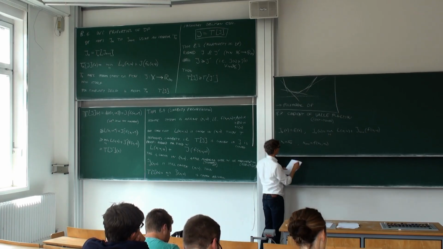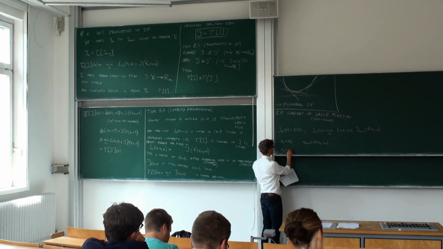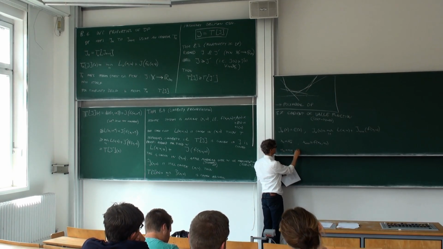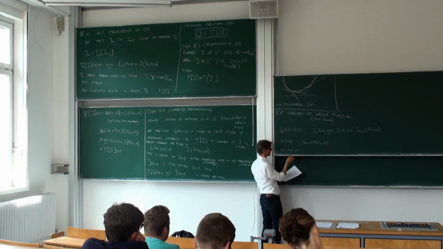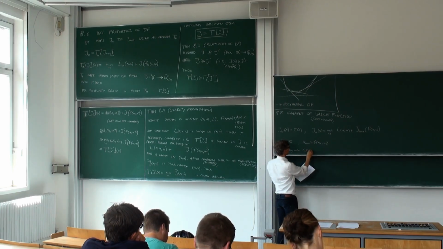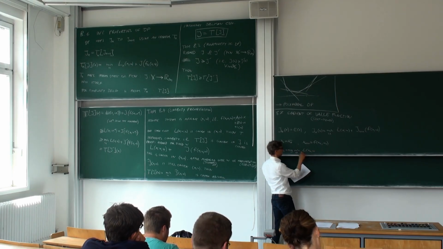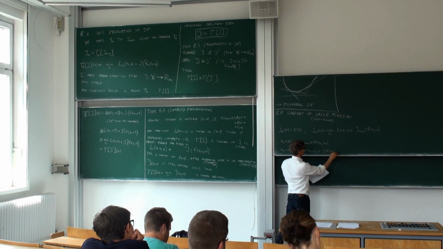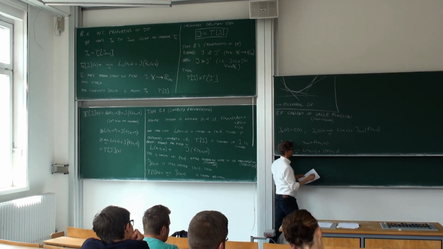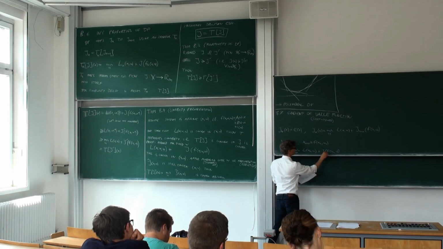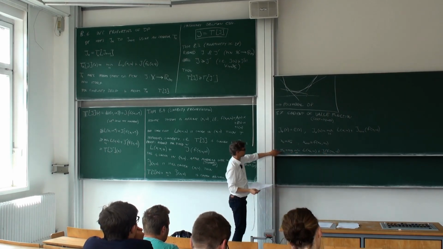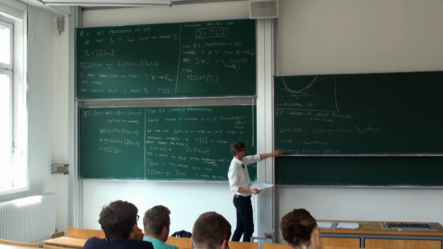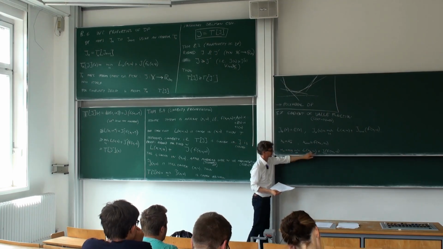So I know that u_k is the argument, and let's assume it's unique, that minimizes the function L of x_k and u plus J_{k+1} of f of x_k and u. So this u_k, the specific value that it takes, should be the minimum of that function.